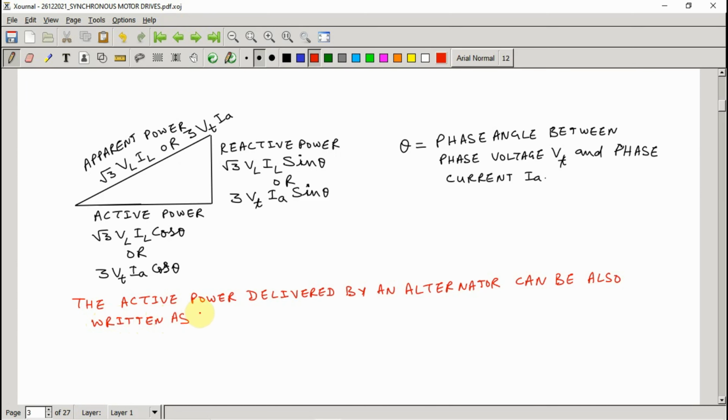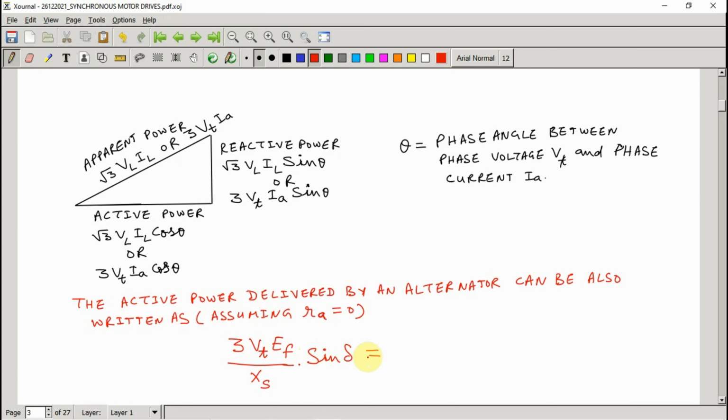Now when we are writing this, we are assuming that armature resistance is 0. It is given in the problem already. So that's why we are considering this case, assuming RA equals 0, that means armature resistance equal to 0. So what is it? It is 3 VT into EF, whole divided by synchronous reactance XS, multiplied by sine of delta.